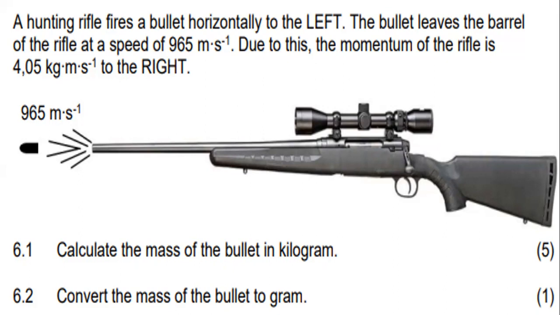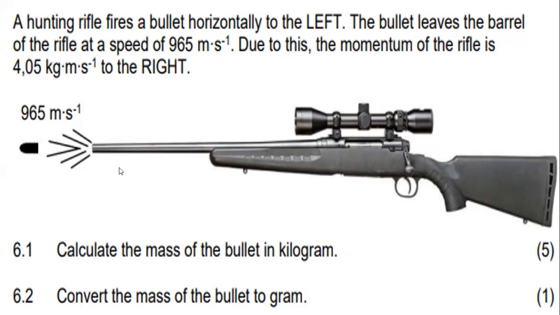Now, we look at firing. So after firing, the bullet now leaves the rifle. So it moves at 965 meters per second. It means we have the velocity of the bullet after the firing. But what do we know about the rifle?